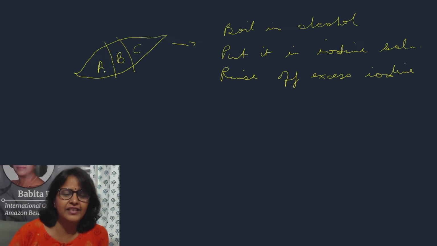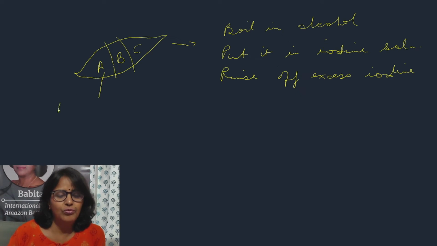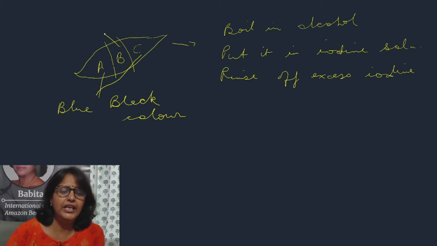What will be the result? A, because it was not covered, will show blue-black color. That means starch is present there. C will also show blue-black color. But B shows no change in color because no photosynthesis took place in this.